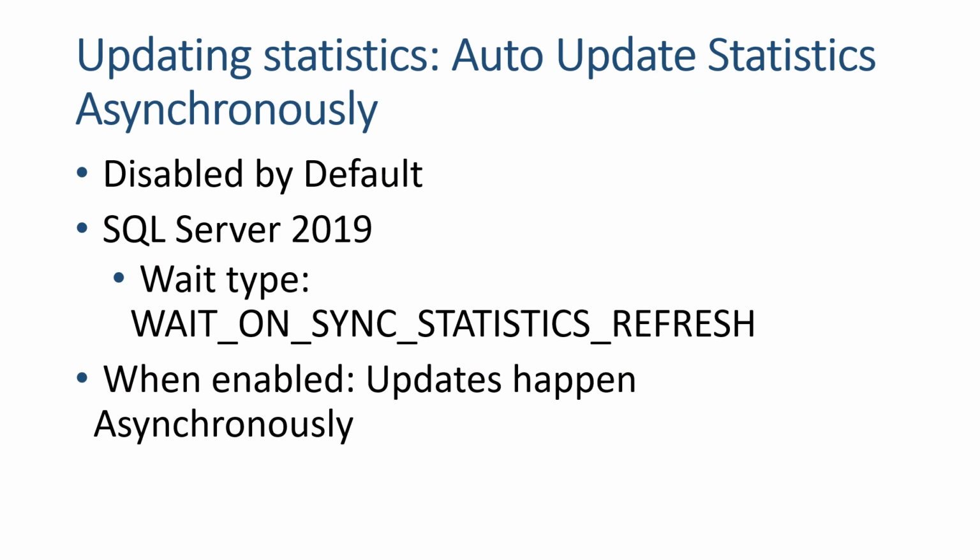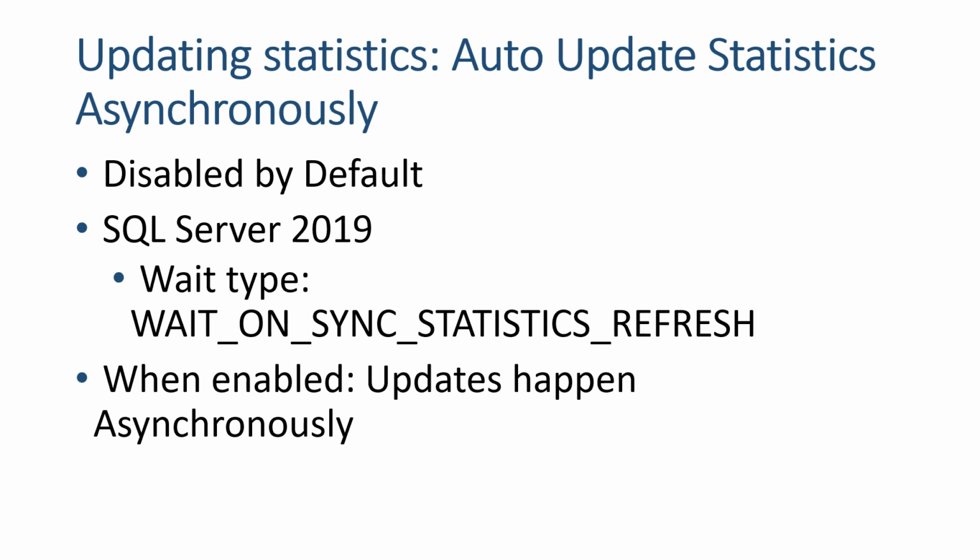But there is some problem to it. While your query is still running, the user has to wait until those outdated statistics get updated, and then the new execution plan is created, even before they get the query results.